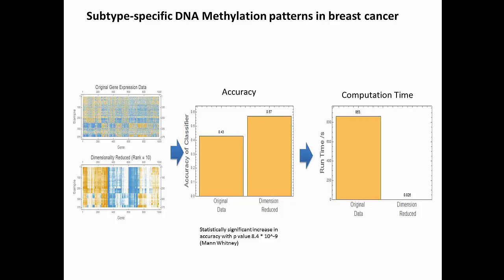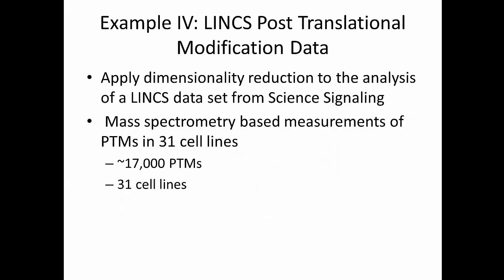Okay, back to links data. This is a slightly different example, and I'm using a slightly different approach to dimensionality reduction. The data set I'm using is from Science Signaling, and we're looking at profiles of post-translational modifications in 31 cell lines based on mass spectrometry.